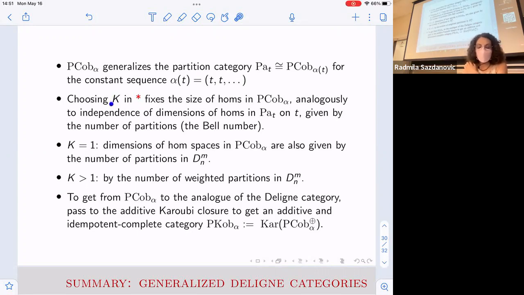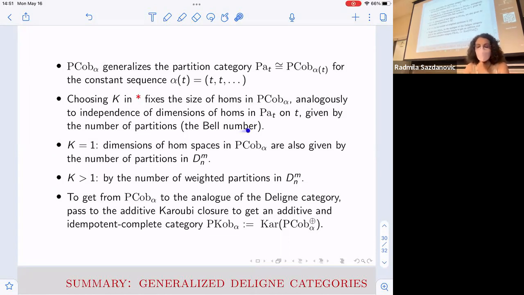As before, if you choose k, then that tells you what the dimension of the Hom space is in PCob alpha. And again, that's the same as in the partition category. The size of a Hom space does not depend on the evaluation t. It depends only on the diagrams.